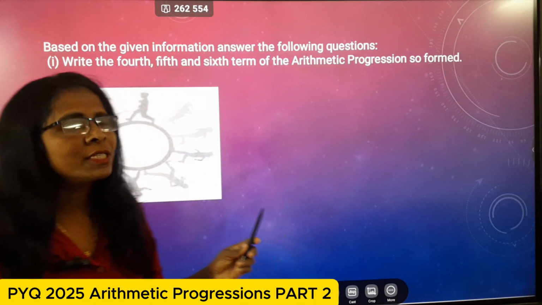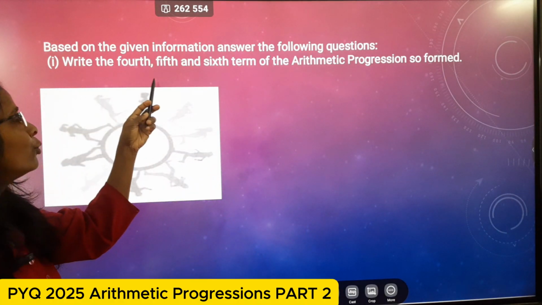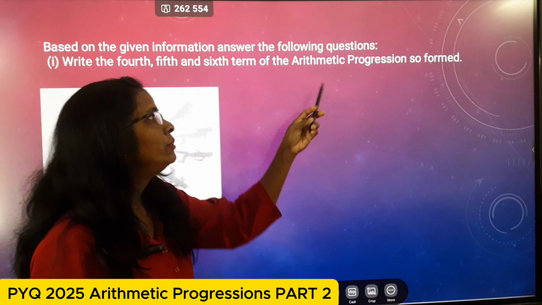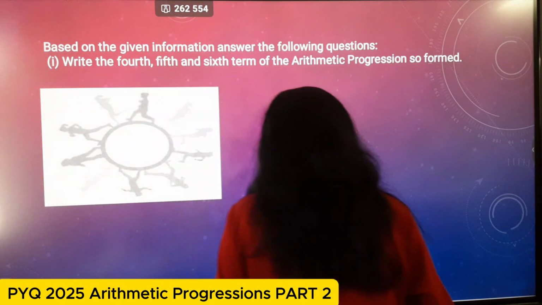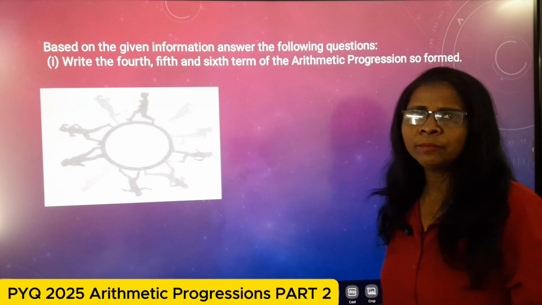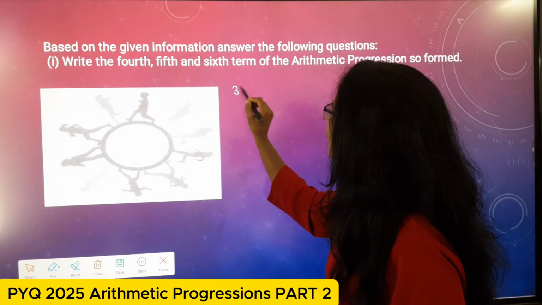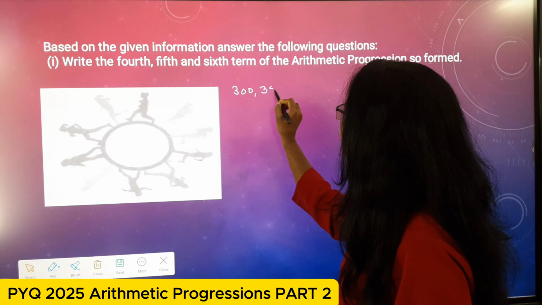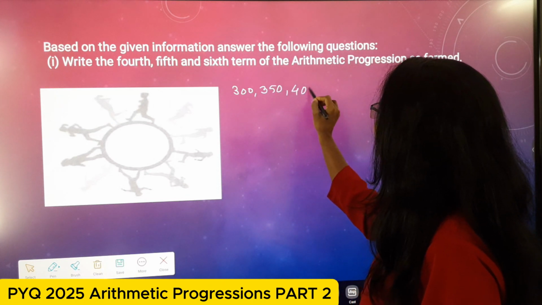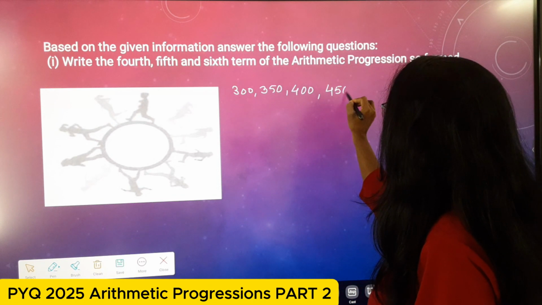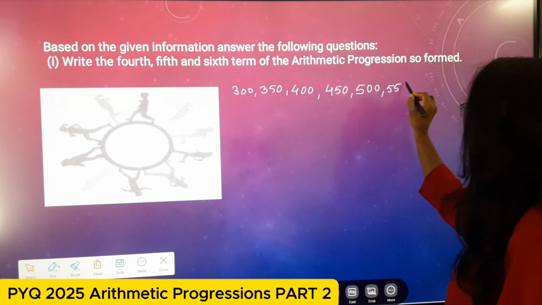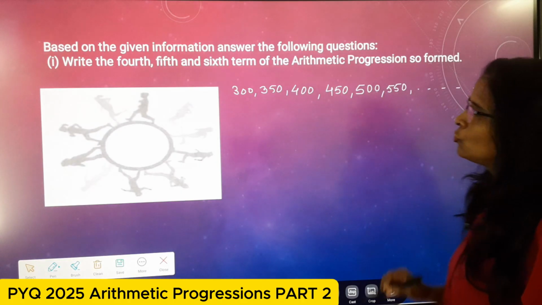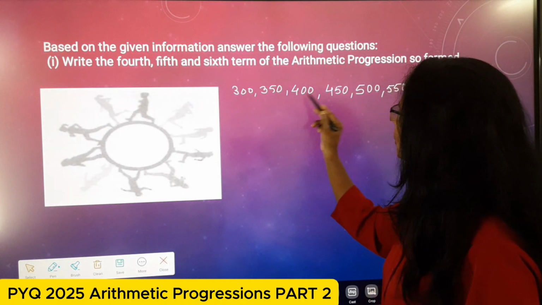Let us see the first question: write the fourth, fifth and sixth term of the arithmetic progression. We have formed the arithmetic progression 300, 350, 400, 450, 500, 550, and so on. First term, second term, third term, fourth term.